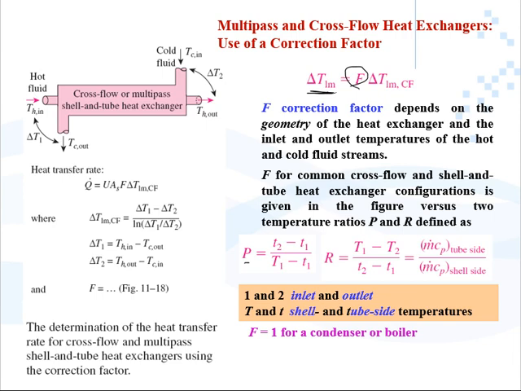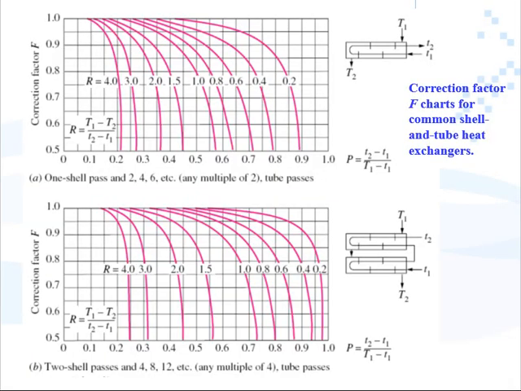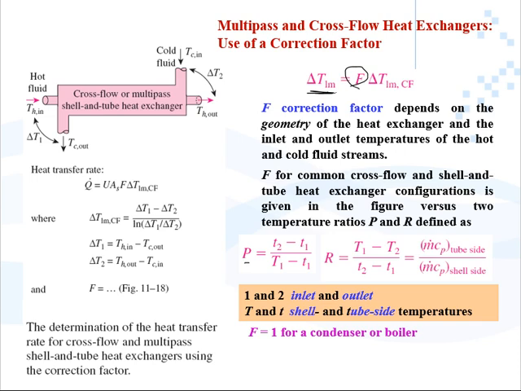As I told you, on page 664 of your textbook there are some figures for correction factors like this, but you see that there is R and there is P. In order to be able to use these figures, you first need to find R and P. How can you find them?